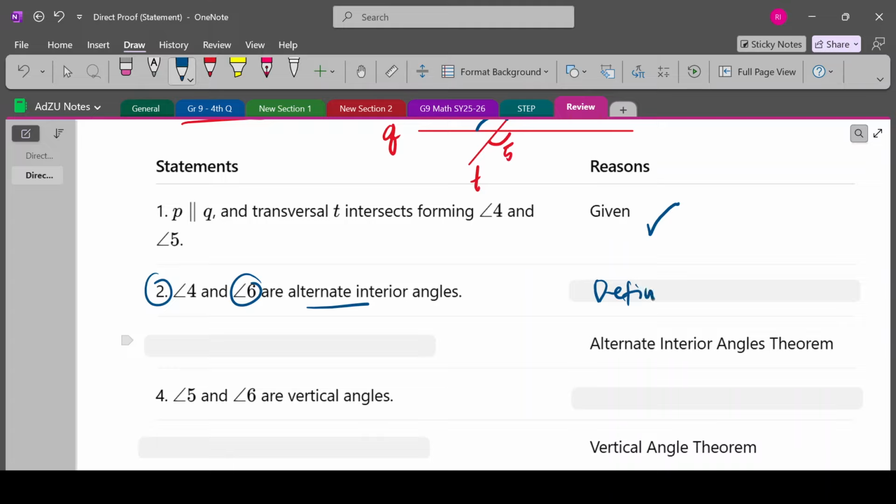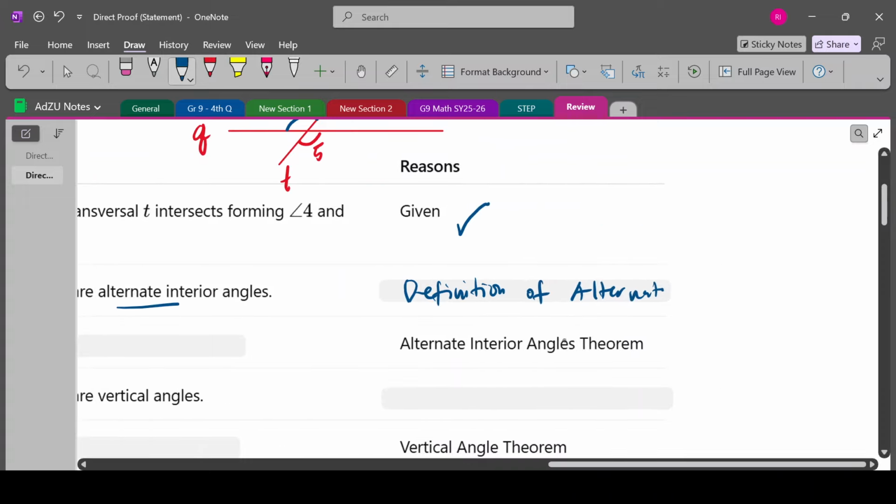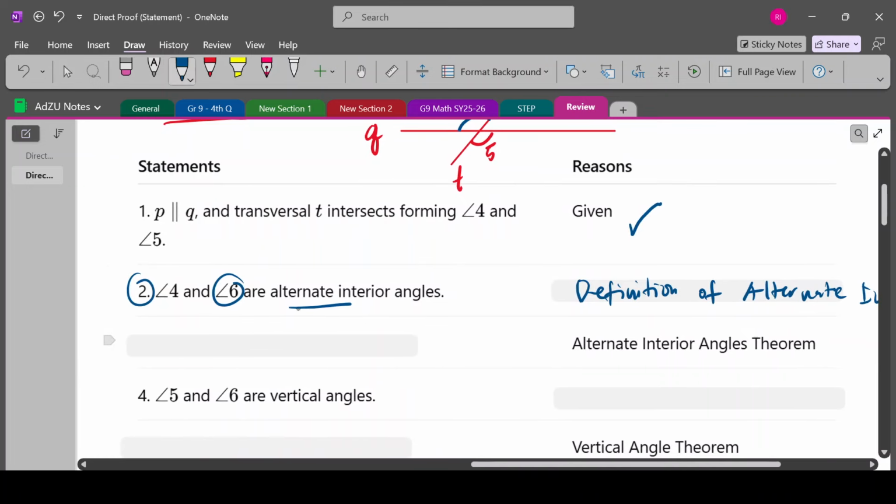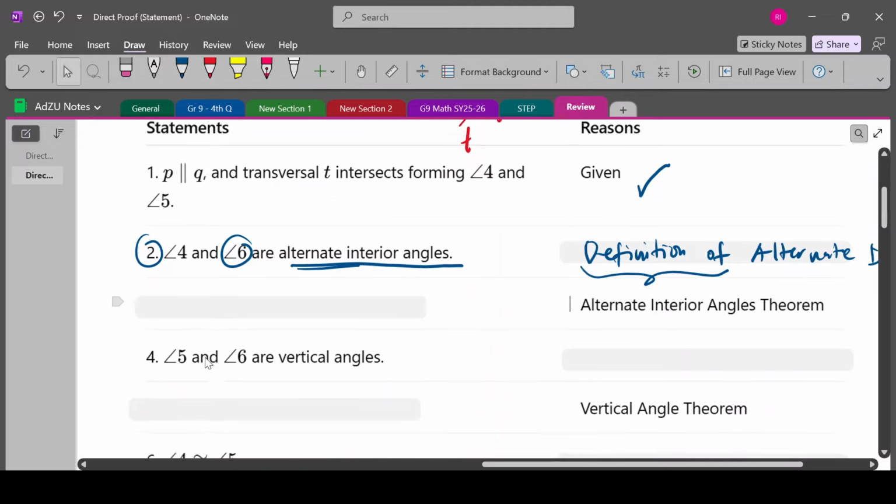Definitely the definition of alternate interior angle. Okay? Kasi given na dito, dagdag ka na lang ng words, definition of. That's it.